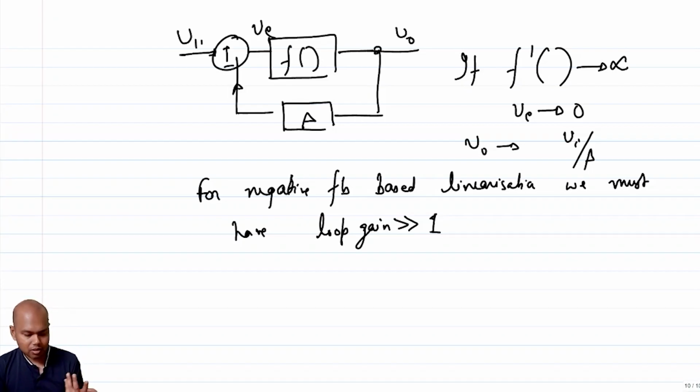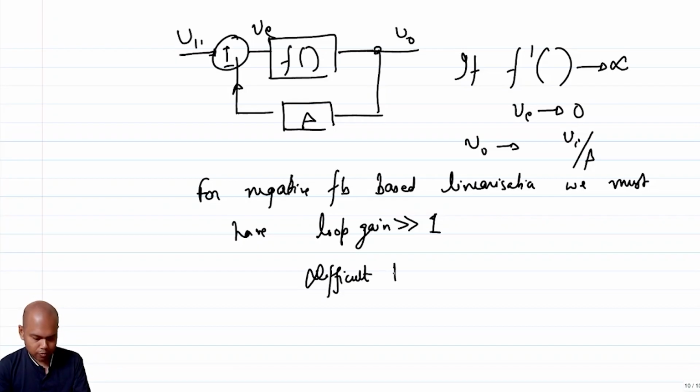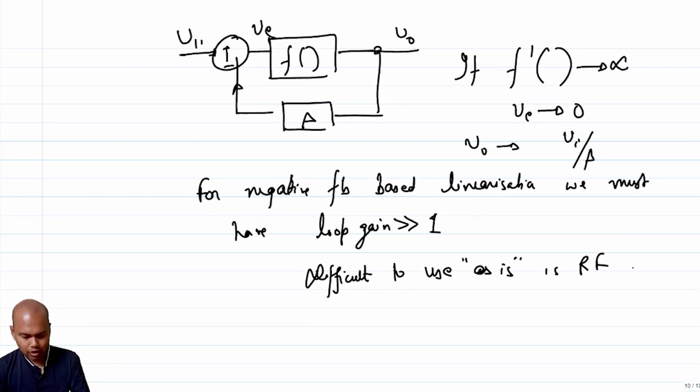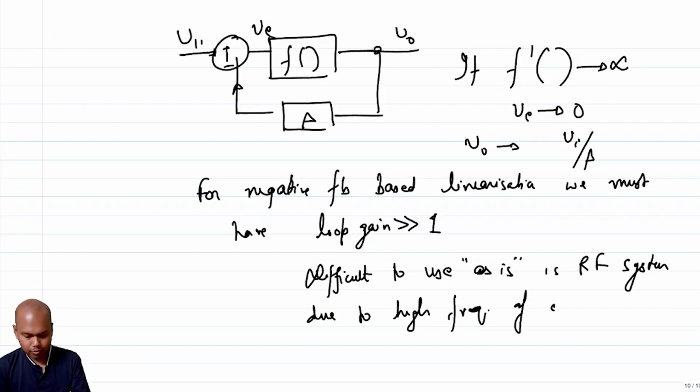So because negative feedback based linearization, even though it's an extremely good way of linearizing a circuit, it is difficult to use as is in RF systems due to the high frequency of operation, right?